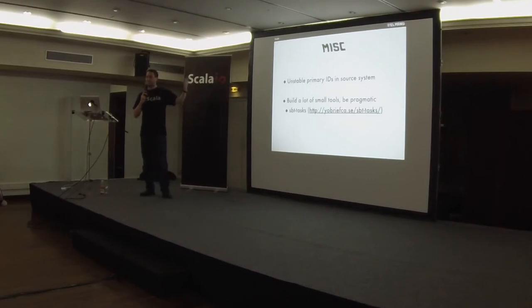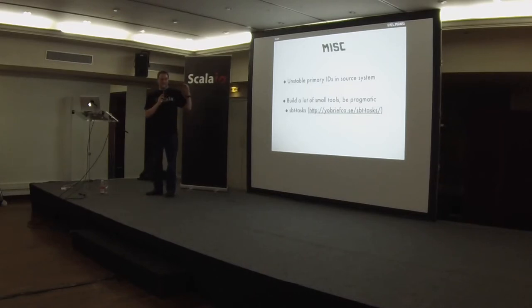The primary IDs of users and items would change, which is maybe specific to this situation, but this is something you never know. That's my message here. You never know how the data will look.